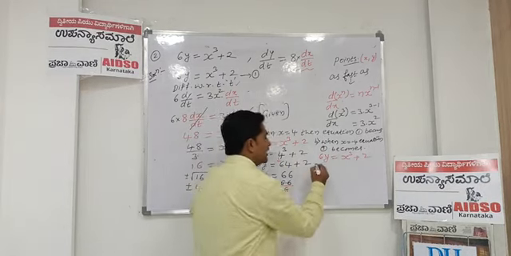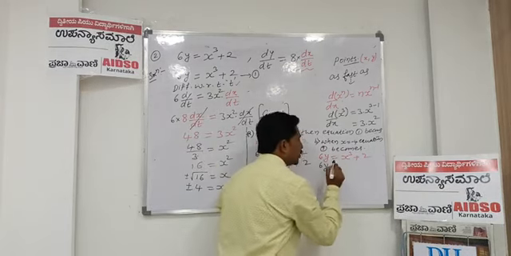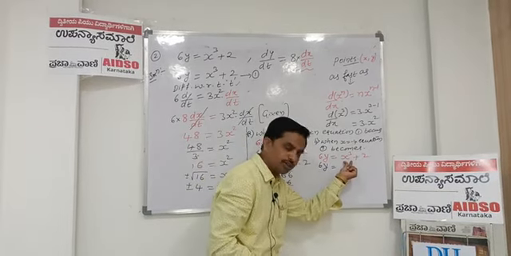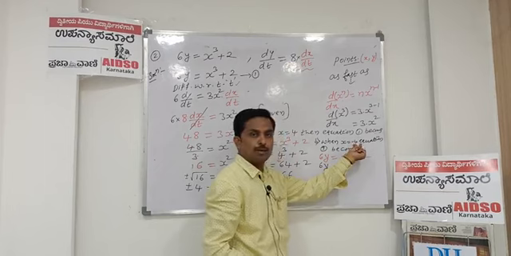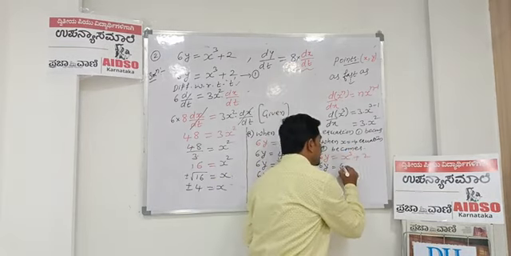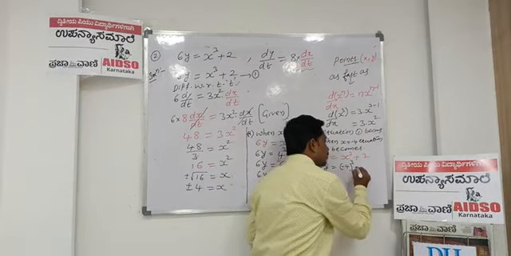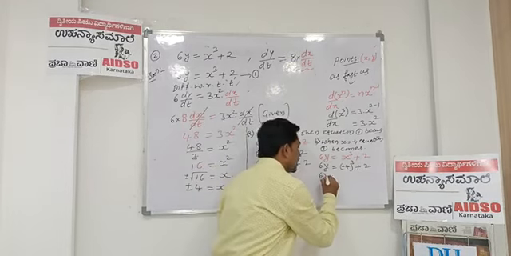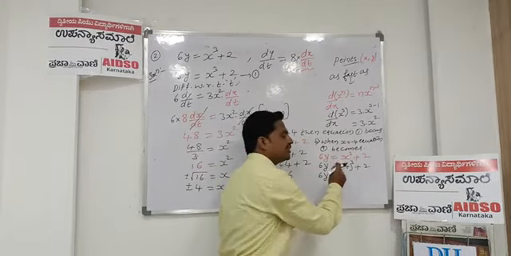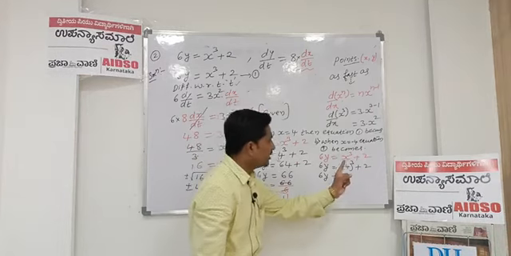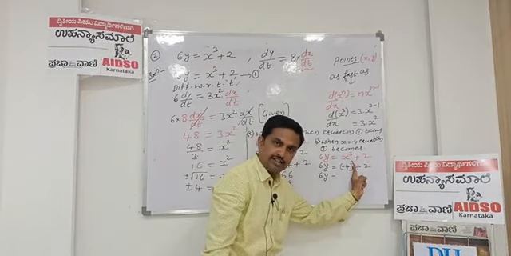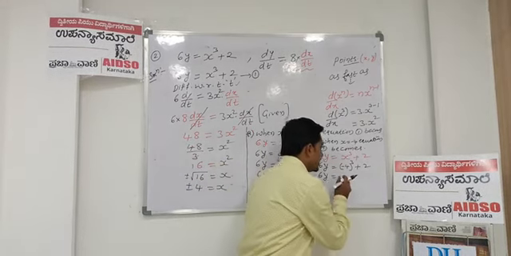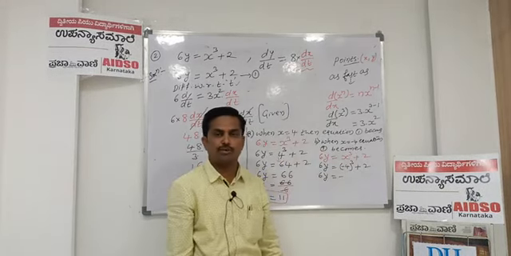So therefore 6y is equal to, what value should be placed in place of x? That is nothing but minus 4. So we can substitute minus 4 cube plus 2 as it is. Then 6y is equal to minus 4 cube. Look at this, whenever there is an odd power in the exponent and the base is negative, the answer you will get is minus.